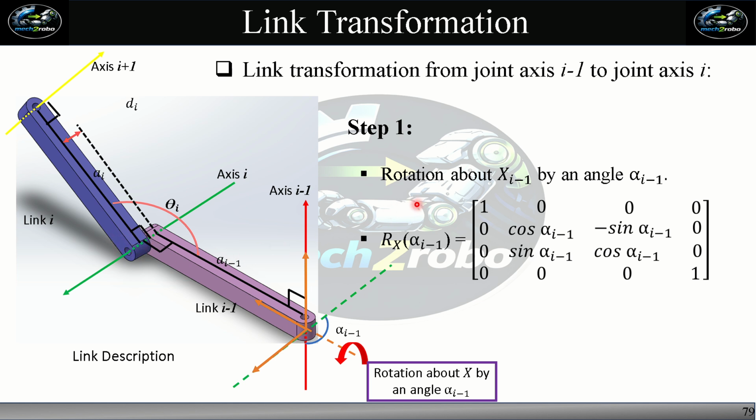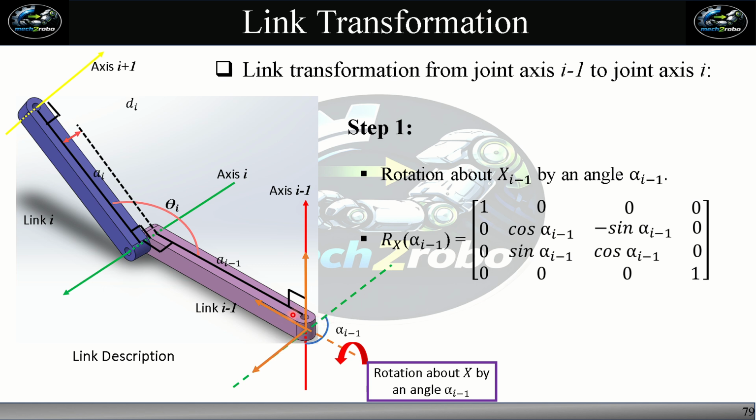The first step is to rotate the frame about the x axis of frame i minus 1 by an angle alpha i minus 1, that is the link twist.